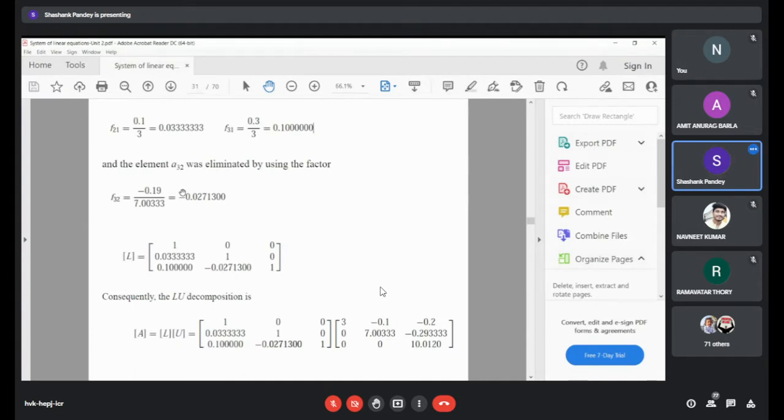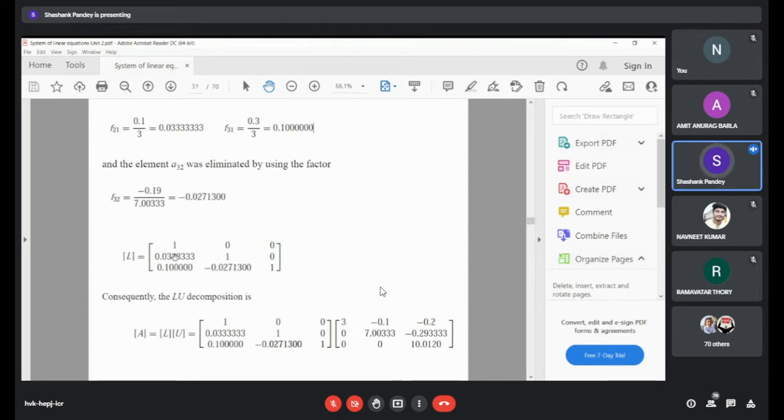Similarly, f32, third row, second column, was the factor used to eliminate x2 from equation number 3. So in the principal diagonal we have all unity terms, whereas in the off diagonal terms corresponding to the lower triangular matrix, you can see that we have these factors stored here. This is how storage is done in your computer so as to save memory.